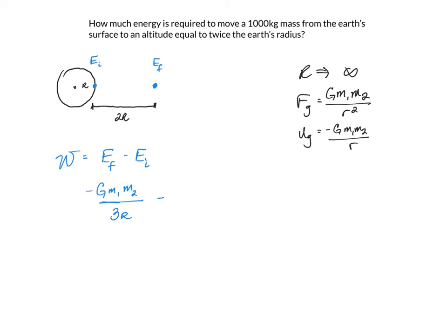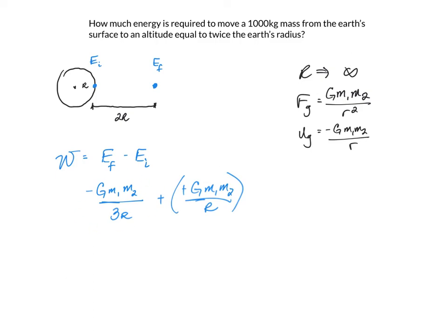Okay, minus divided by r. Okay, so this is what we're left with here. So notice that I have 2 negatives here, so that's going to turn into a positive, right? So we're actually going to be adding this amount to this amount here.